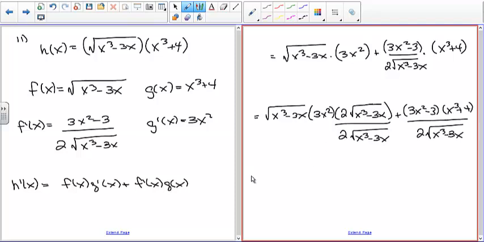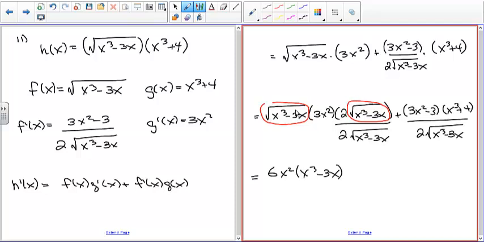Now, in the first case, we have this and we have that, which is the same quantity. So when you multiply those together, you'll get just x cubed minus 3x. So we're going to have 3 times 2, that's 6. We have x squared times x cubed minus 3x. So that's this numerator.